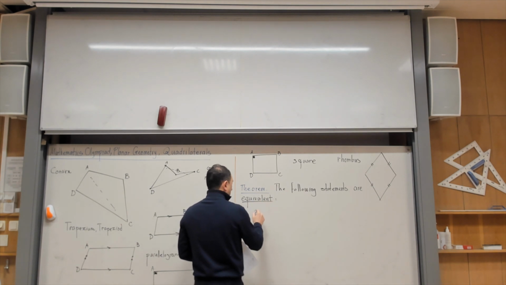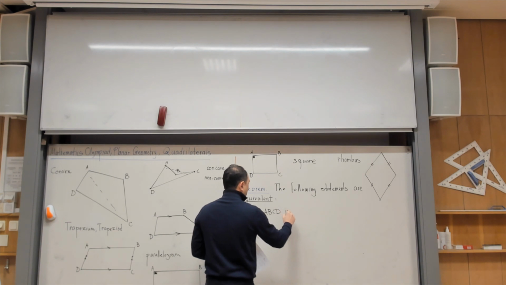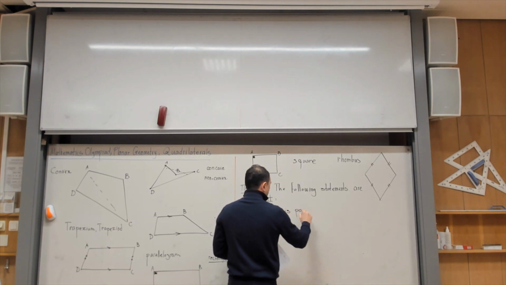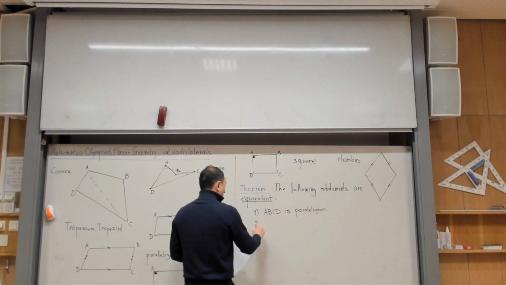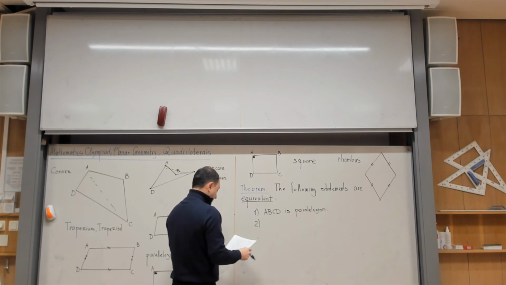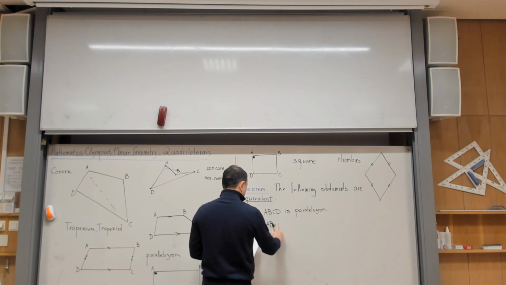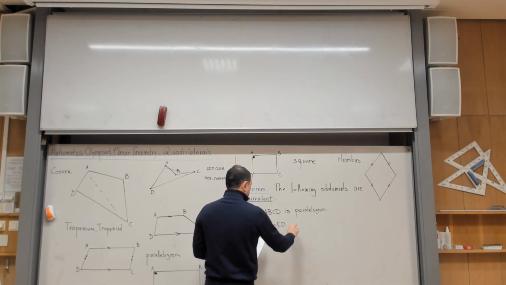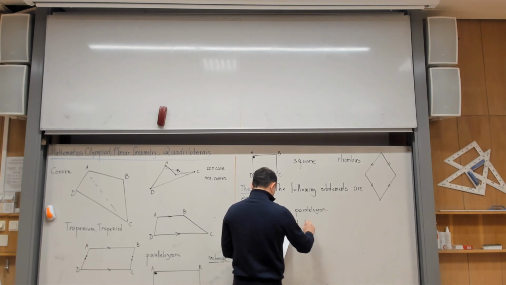So number one, if you say A, B, C, D is a parallelogram, or you say that AB is equal to CD, and AD is equal to BC.